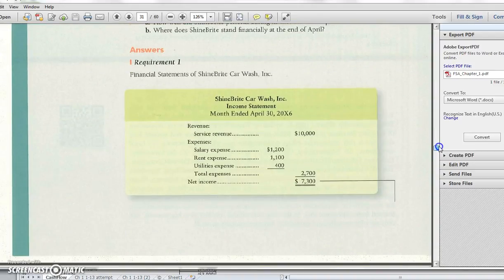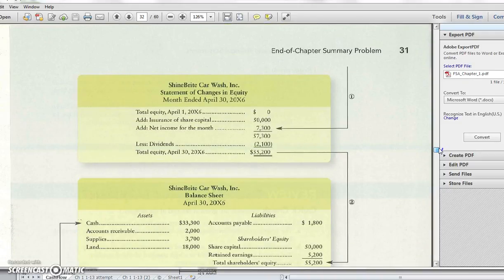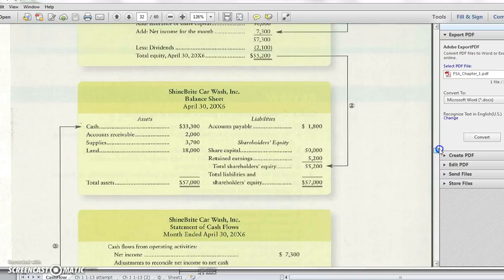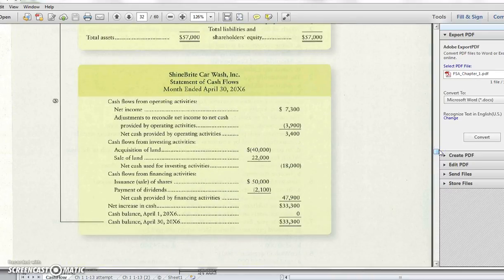And so you get to see how they did an income statement, which we've done, statement of changes in equity, which we've done, balance sheet, which we've done, and now the fourth financial statement is a statement of cash flow, which we haven't done, but you see it right here. So like anything in accounting, it's where's the money? Is it coming in? Is it going out? And what is it right now?